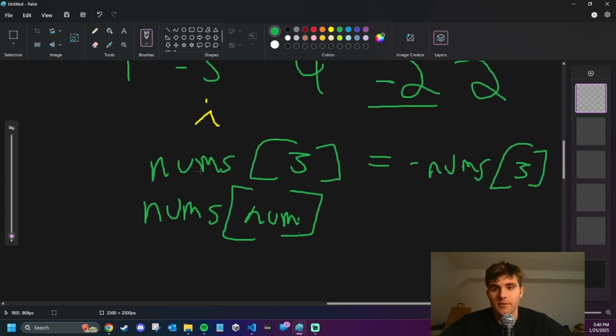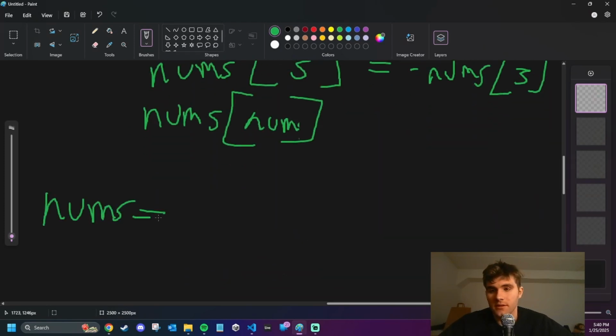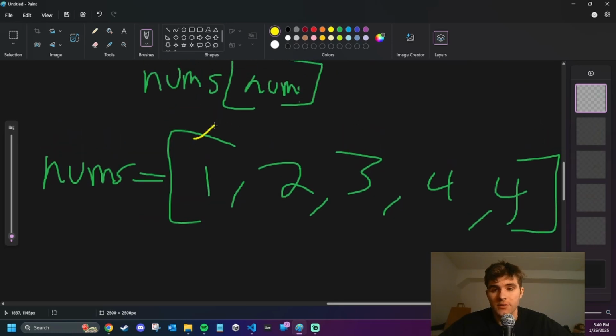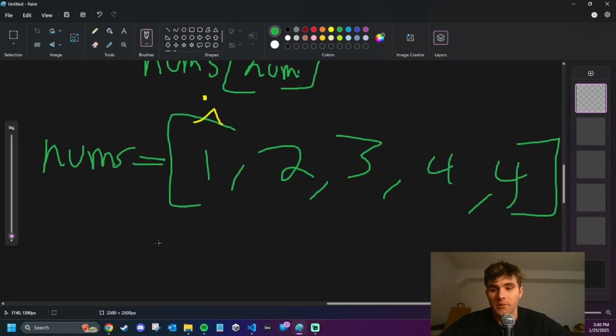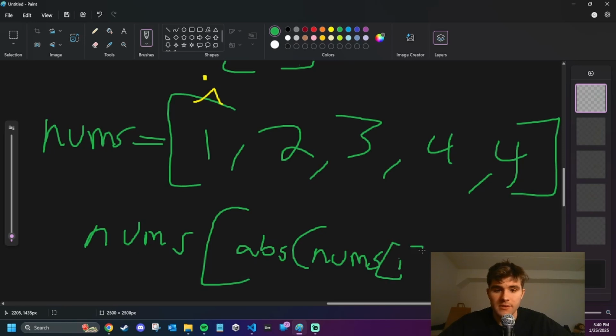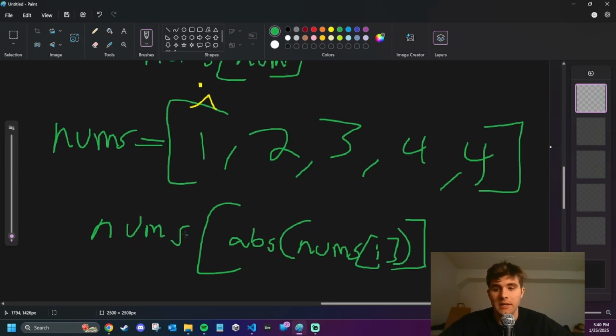So if I think about it, right, if we have nums, let's just calm down. So nums is 1, 2, 3, 4, 4. Okay. So I is currently right here. So I want to say nums at position, absolute value, nums of I. So at position 1, I want to make nums at absolute value, so nums at 1, right?